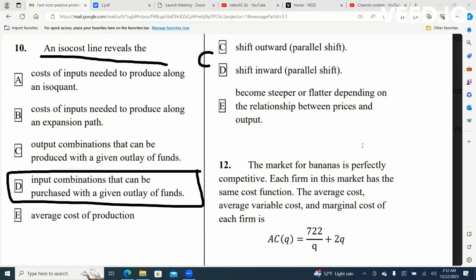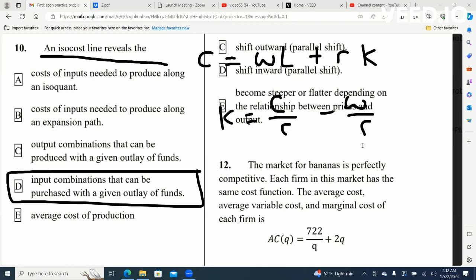This is the cost equals wage times labor, plus R times capital. The first thing we do is rearrange that for K. K equals cost over R, minus W over R times L. We're talking about K as a function of labor.